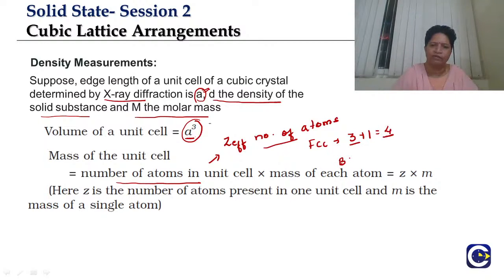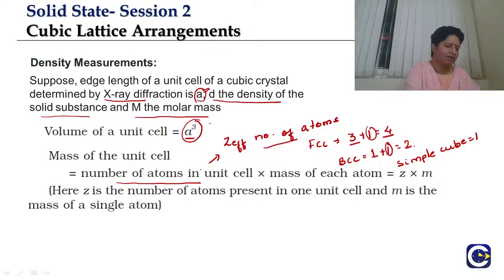If I take a BCC, I'll have 1 contribution at the corner and 1 at the center of the body, equal to 2. If I take a simple cube, we'll have 1. This is the effective number of atoms, the calculation that we have seen in the previous slides. That will be different for the different unit cells.